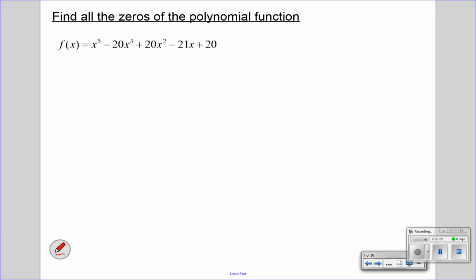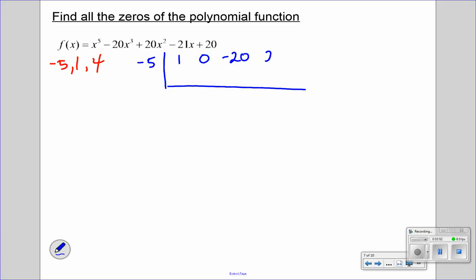Right, we have another one, and this is x to the 5th. So I noticed that -5, 1, and 4 all crossed our x-axis, so we're going to test those using synthetic division. So we're going to try -5 first. And we have 1, 0 for the placeholder x to the 4th, -20, 20, -21, and 20.